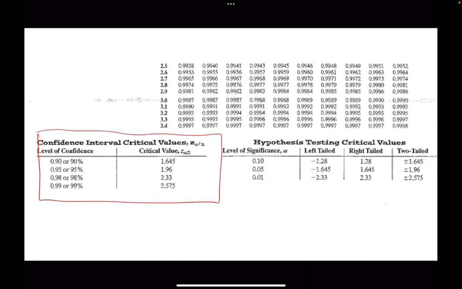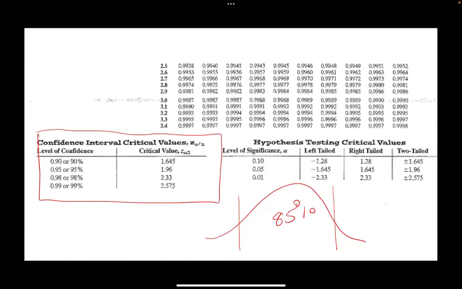So for example, I'm going to give you a weird one. Let's say that I wanted to be 85% confident. So my confidence level is going to be 85%, which is a really weird percent. 100 minus 85 is 15.